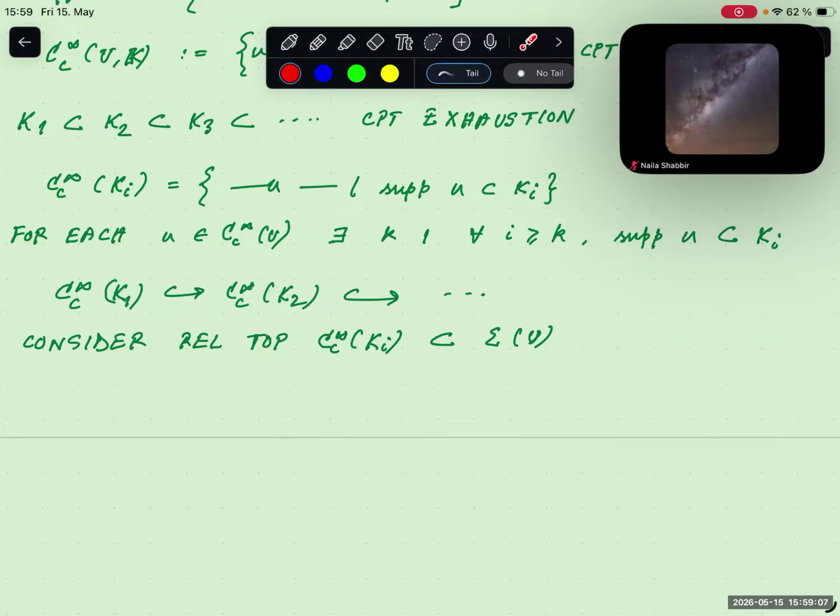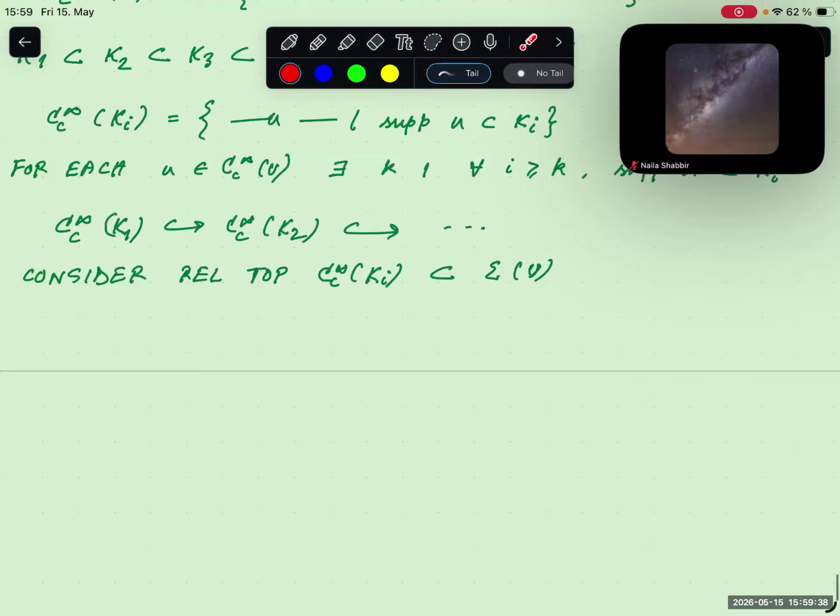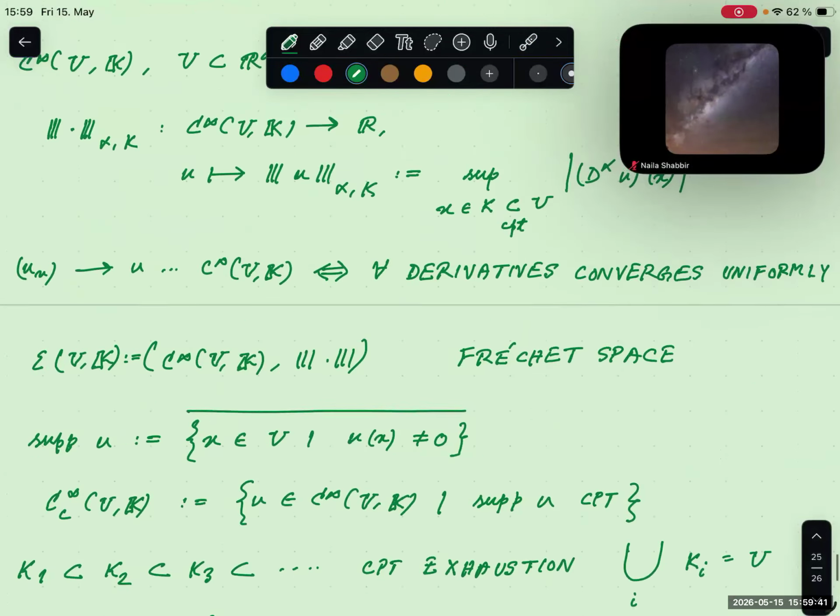That's something called relative topology. And then, since you have this structure, you use this directed system to define the topology on your whole space. So this is something called inductive limit topology. Again, I'm not going to write it because then I have to talk about what is an inductive limit. I'm not going there.